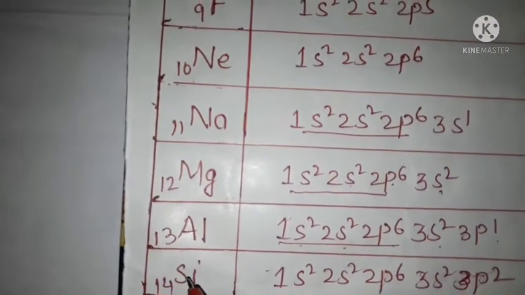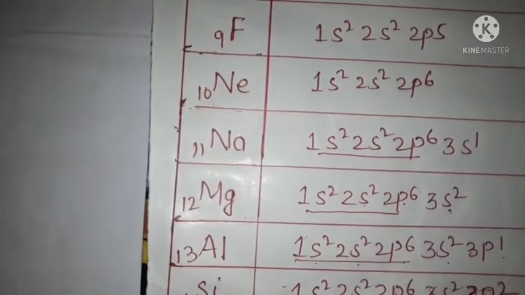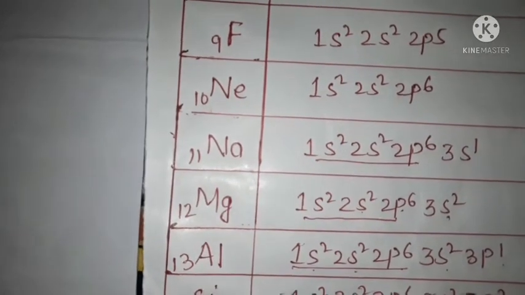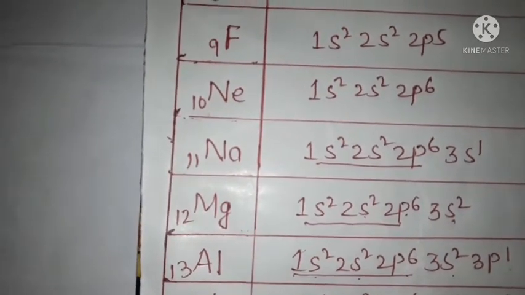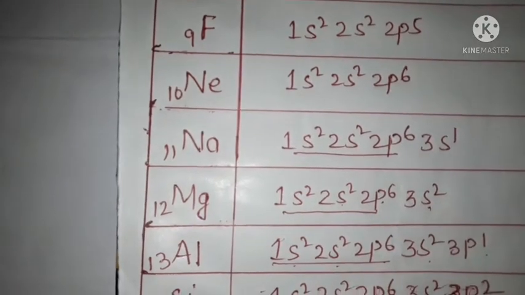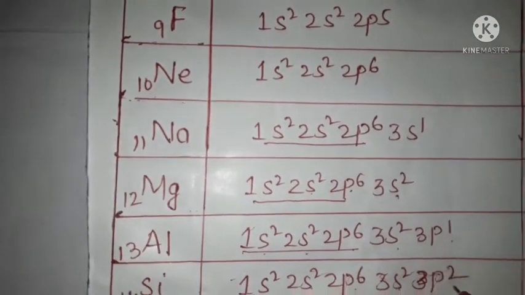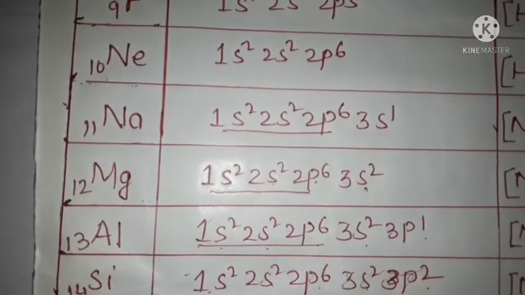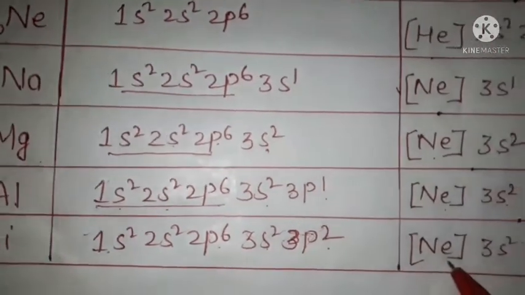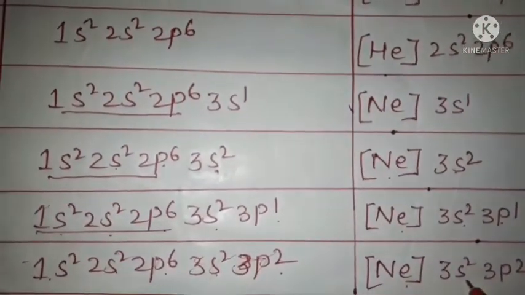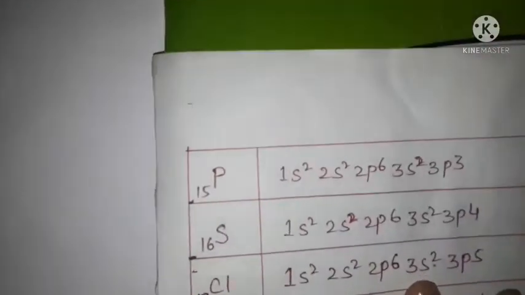Now next, silicon. Z of silicon is 14, so we write 1s2, 2s2, 2p6, 3s2, 3p2. So we write in short form Ne 3s2, 3p2.